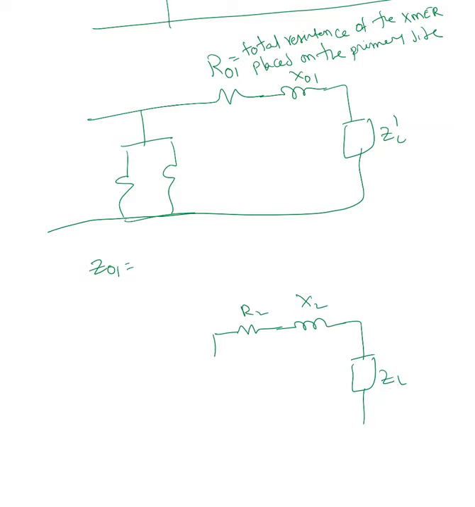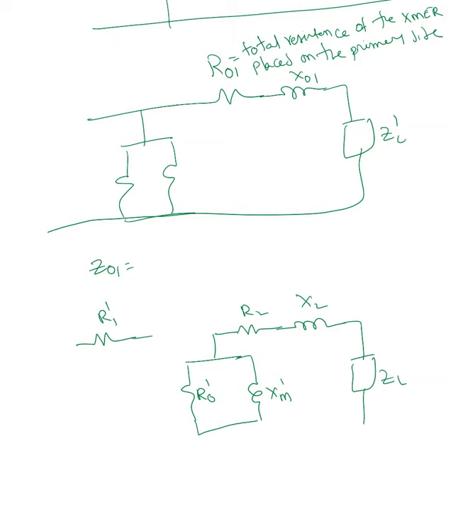Now I'm going to transfer this R0 prime, XM prime. Whenever you see prime, that indicates that impedance is transferred from one side to the other side.